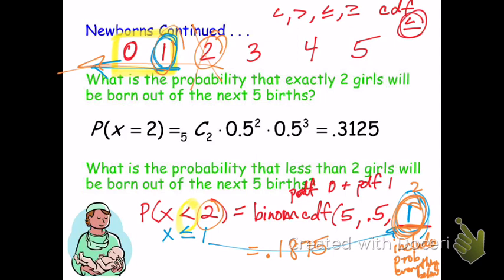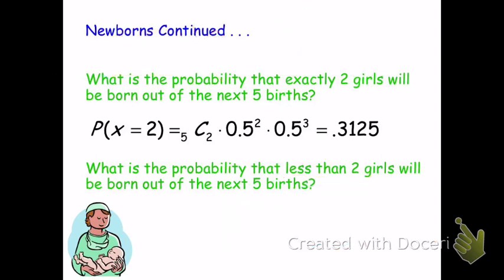Less than or equal to means that it includes that probability and everything below. But if it's just a less than, like less than 2, you don't want the probability of 2. So saying less than 2 girls technically means less than or equal to 1 girl. You could write either one of these probability statements for that.